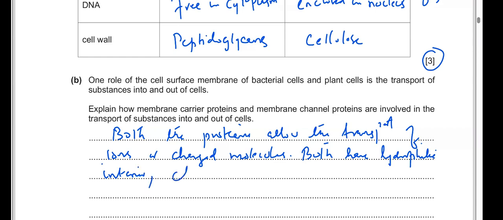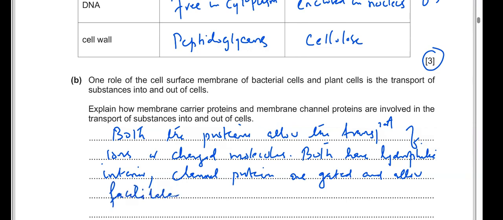Channel proteins are gated and allow facilitated diffusion to take place, whereas the carrier proteins can flip their shape.